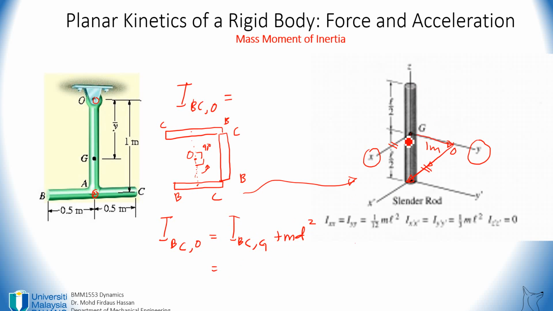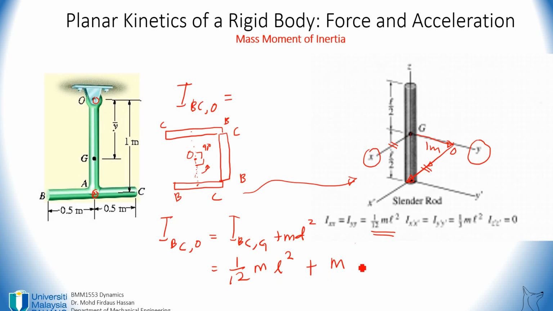G is in the middle. I BC at G is IXX, which is 1 over 12 M L square, plus M D square, where M is the mass of BC.